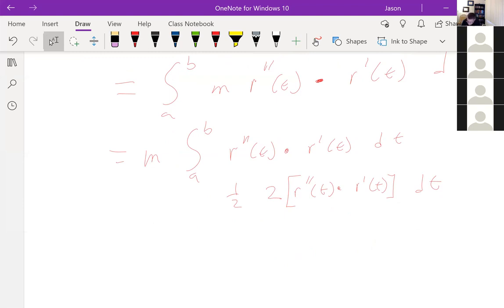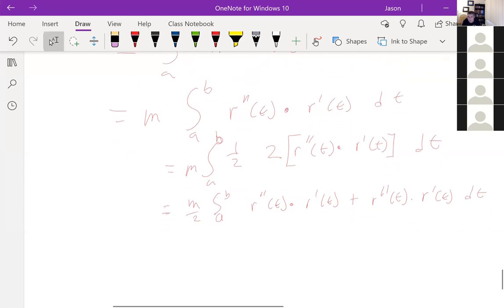Let's pull out the 1/2. So this can be m over 2, A to B, and I want 2 of these things: r double prime of t dotted with r prime of t plus r double prime of t dotted with r prime of t dt.